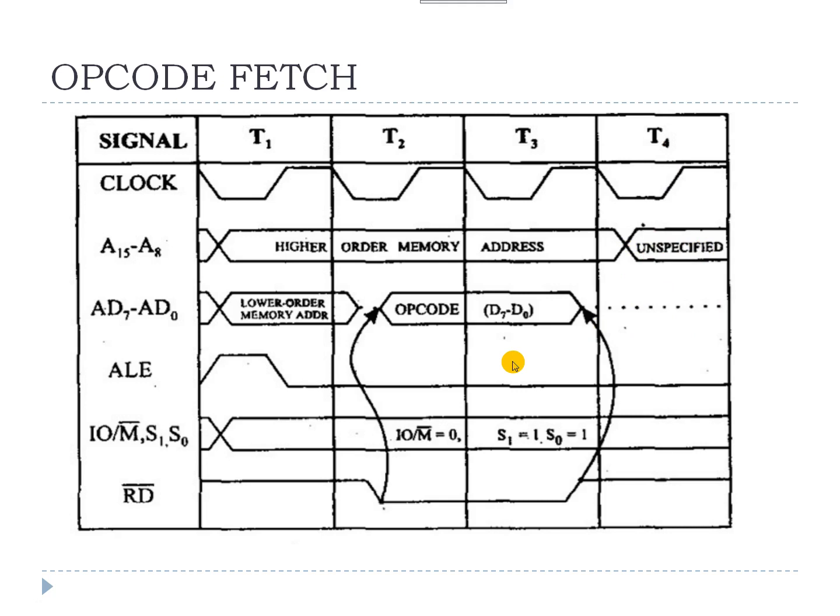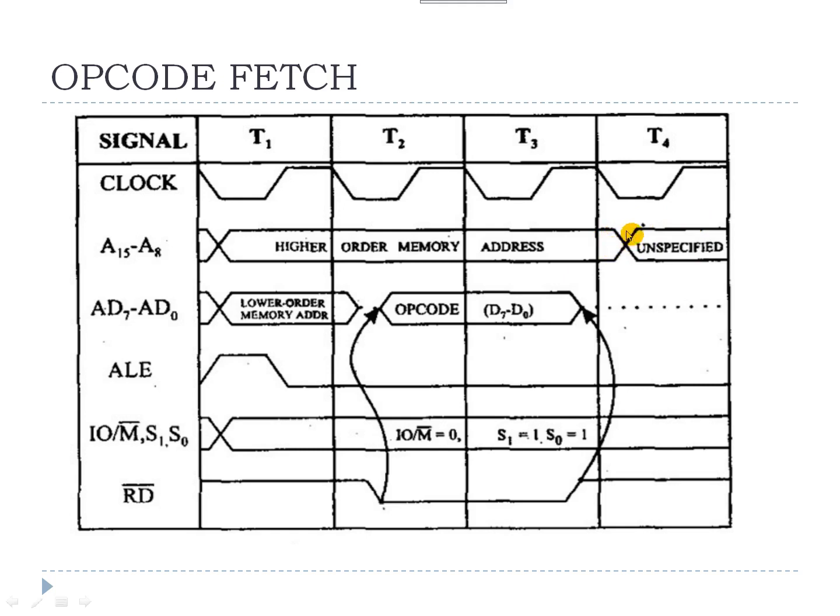Practically speaking, this fetching operation has the address bus and the data bus in action, so you don't need the higher order address of the address bus. In that T4 cycle only we need to supply this unspecified.